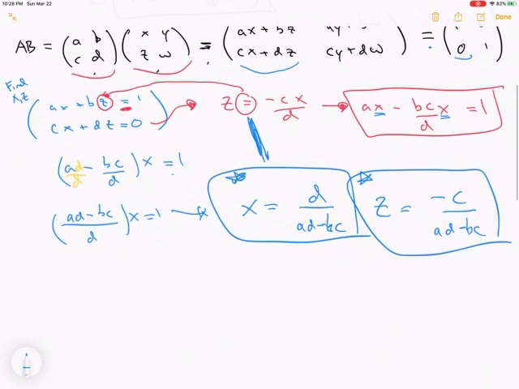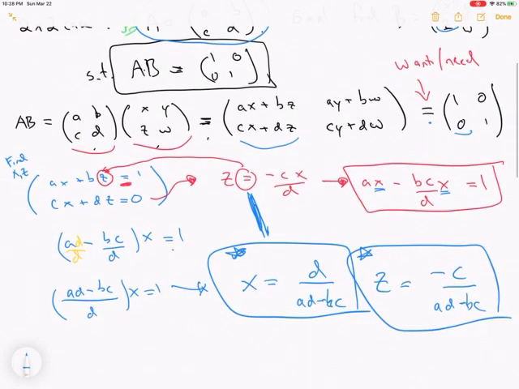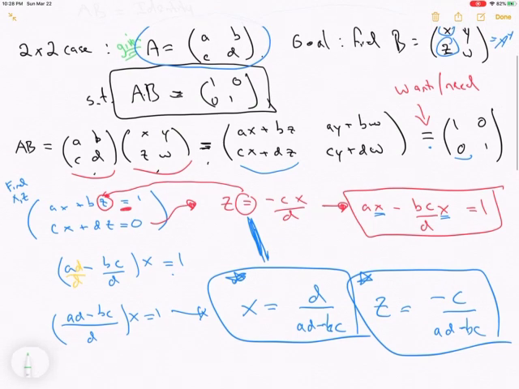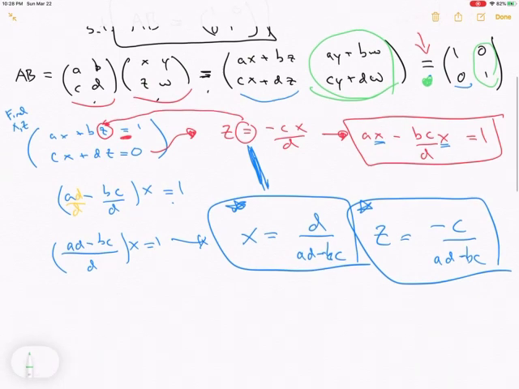Anyways, and then similarly, you can look at the second column of the equation whose condition we want to solve. So again, this is the condition we need, so now let's compare the second columns. We can proceed similarly. So we get ay plus bw is equal to 0, and cy plus dw is equal to 1.